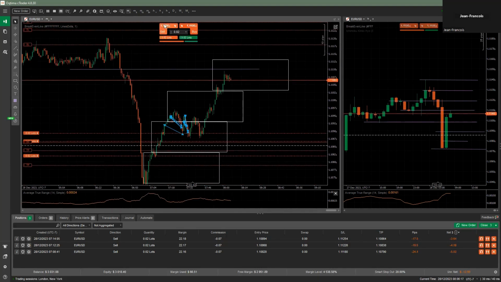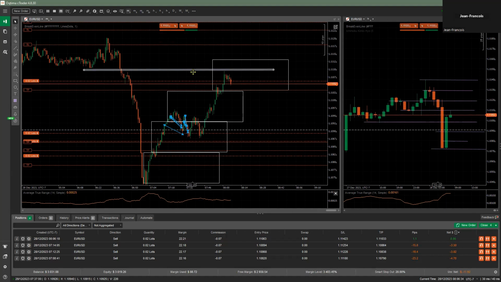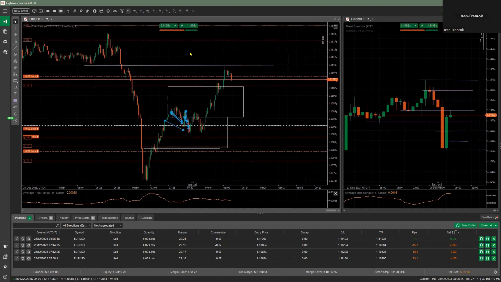And the idea is to layer in, right? So we have 4 or 5 clicks per box. You give yourself a little bit of room there, and then spend that money as you see fit. So we're spending the money because we're at resistance, right?